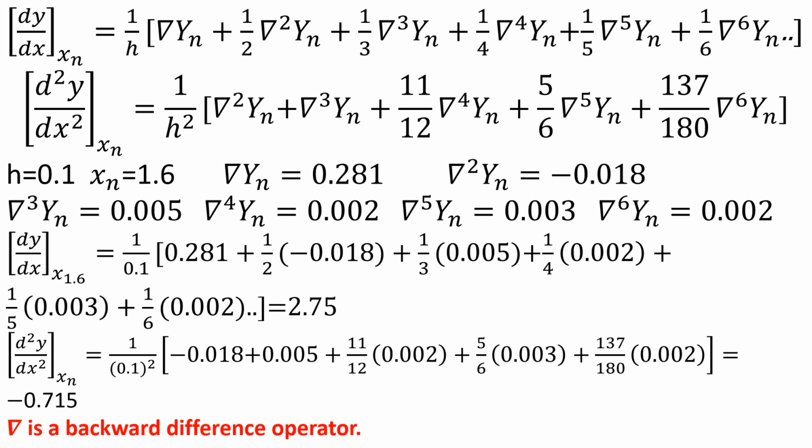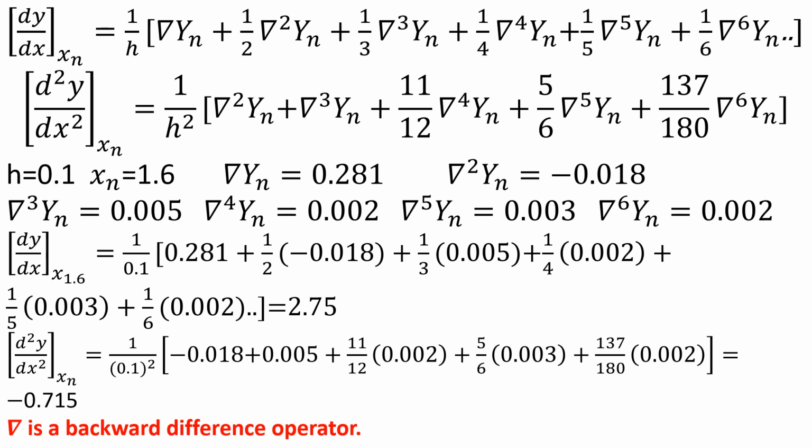The answer is 2.75. Two things you have to note: when the differentiation is to be done at the start, use Newton's forward formula, and when at the end, use Newton's backward formula.